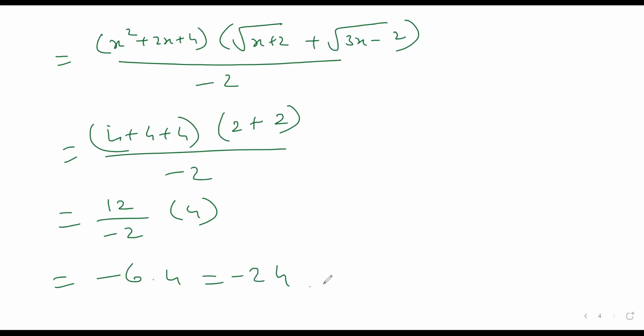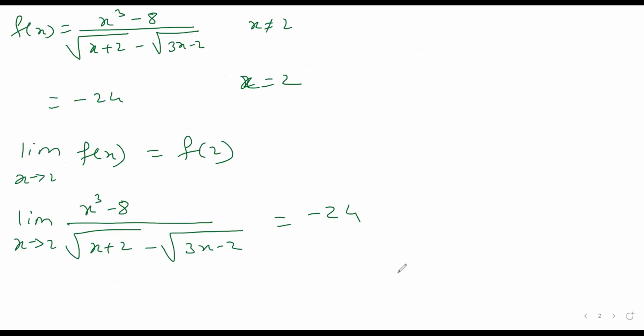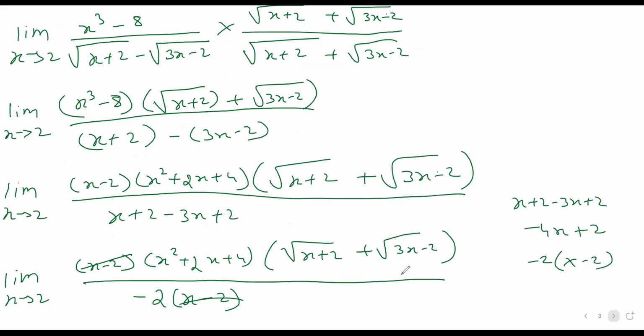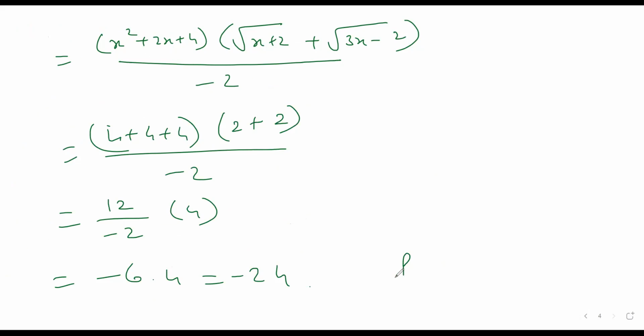Your answer is minus 24. Is it equal to minus 24? Yes, and therefore the function f of x is continuous at x is equal to 2.